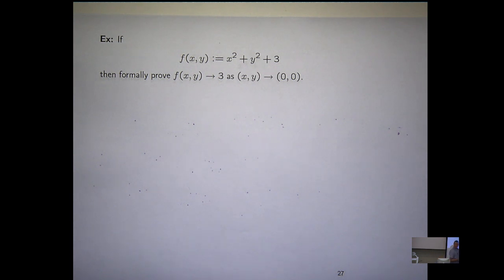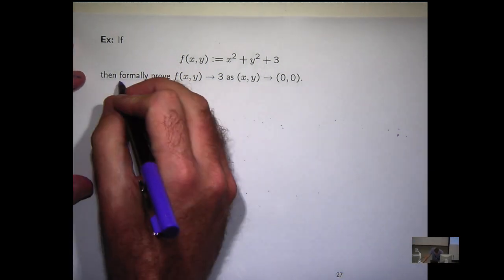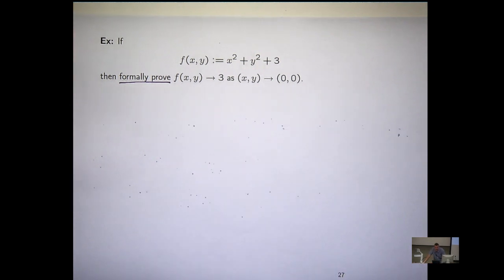Let's move on to something a little bit more challenging. Here I've defined a function. We're asked to formally prove that f of x, y approaches 3 as x, y approaches the origin.